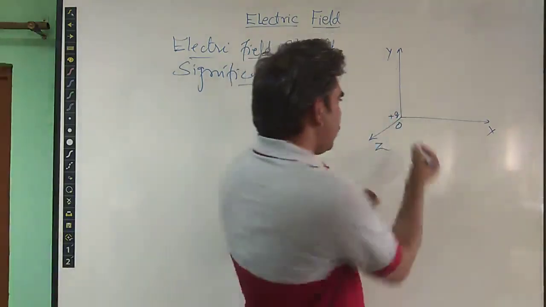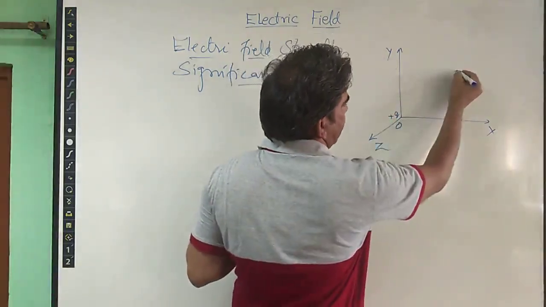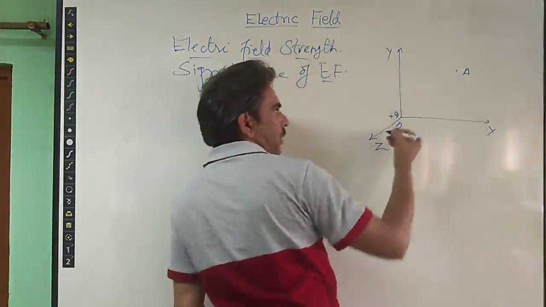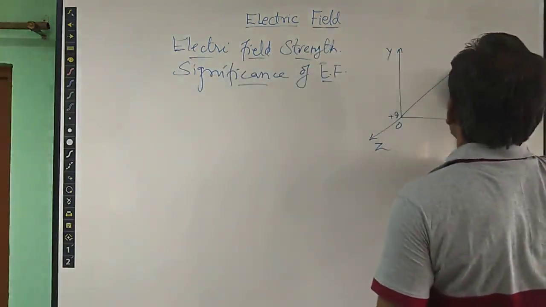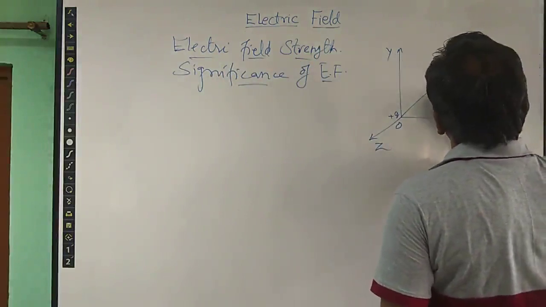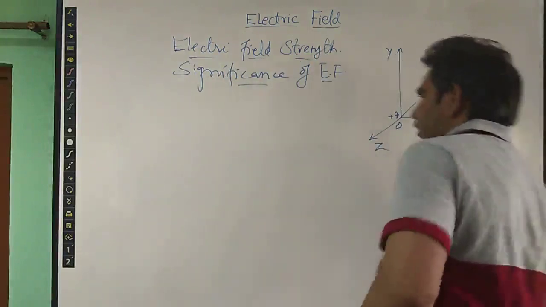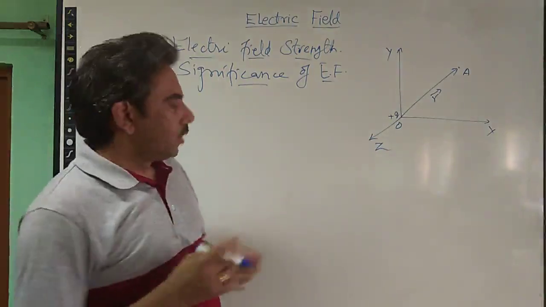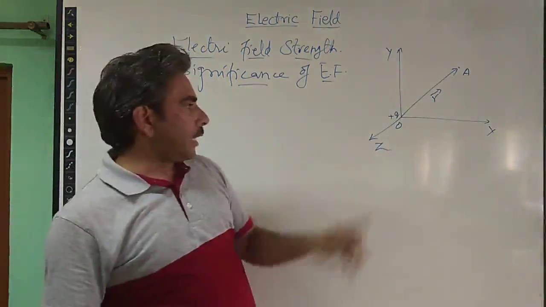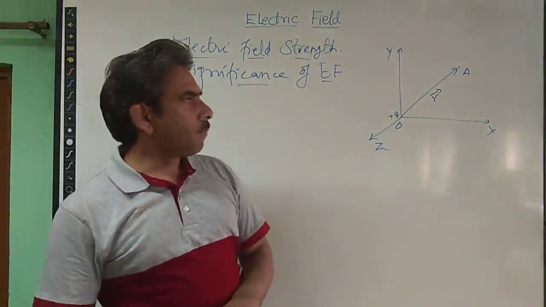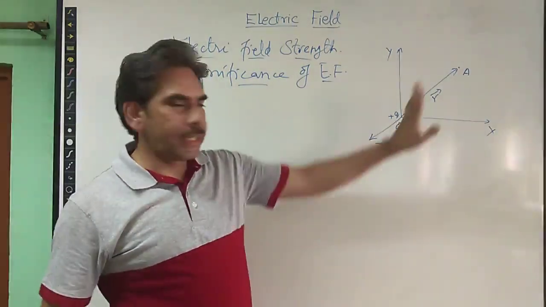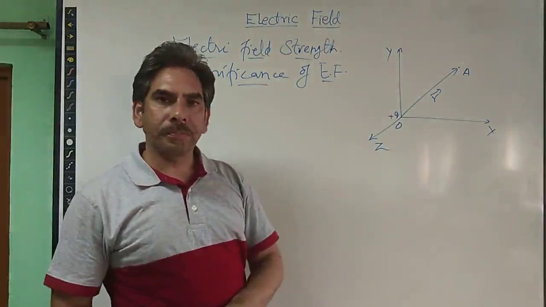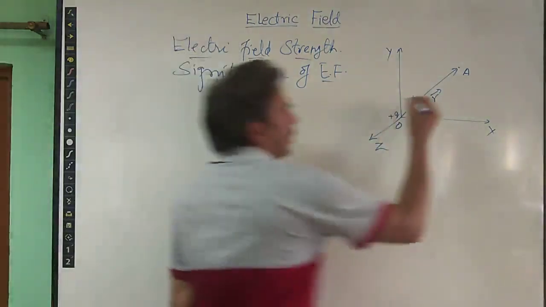We are willing to calculate the electric field due to this source charge at a point A whose position vector from the source charge is r. So the position vector of this point A, which is an observation point, is r from the origin as well as from the source charge.